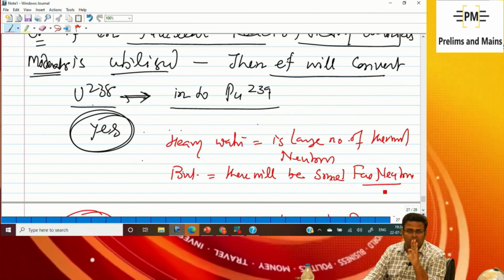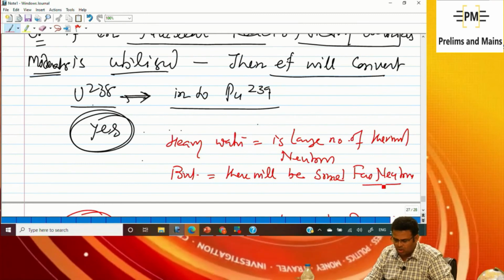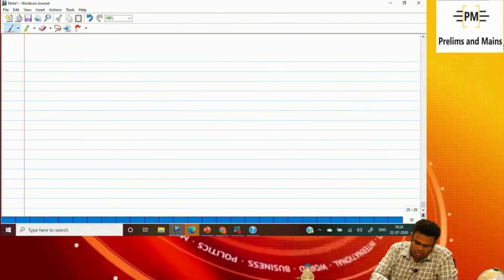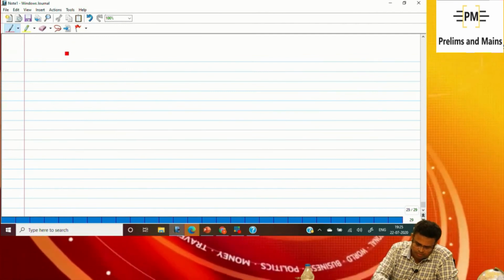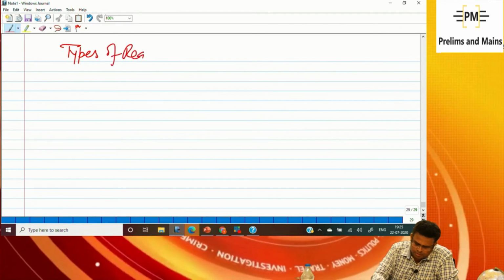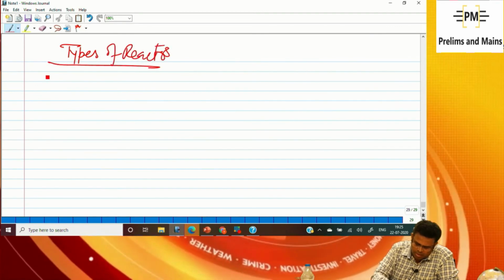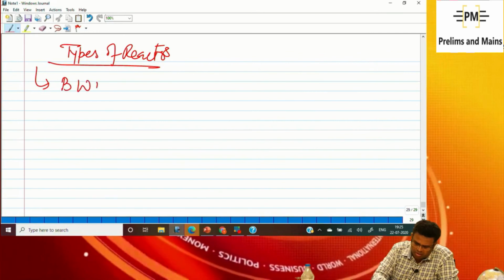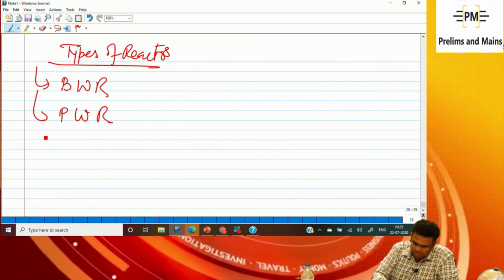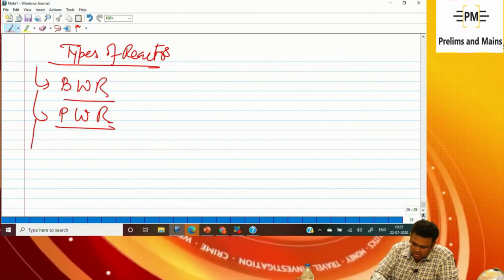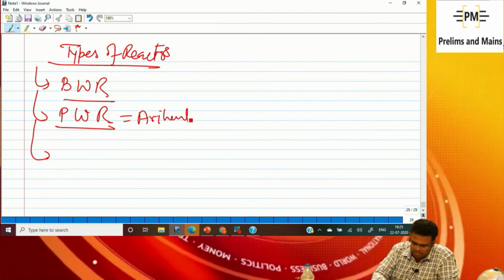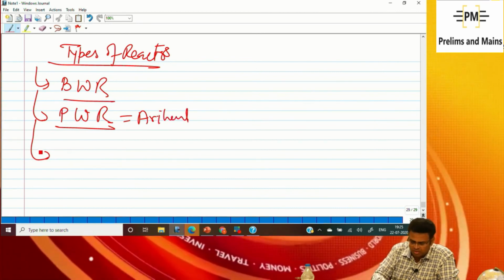Regarding the types of reactors we have to do: boiling water reactor, pressurized water reactor. This was in the Arihant class, perhaps you remember; I am mentioning it again so that you can remember.